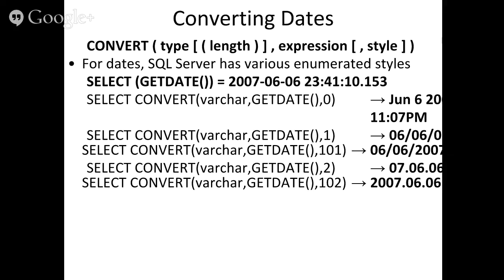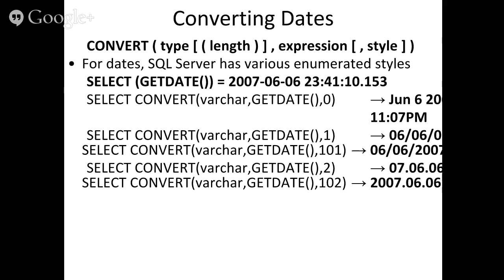Then here's an example of using the convert function, giving it a value of a date and then a format. This is SQL Server, using some of its formatting. These are constants specific to SQL Server, and those constants mean different things.